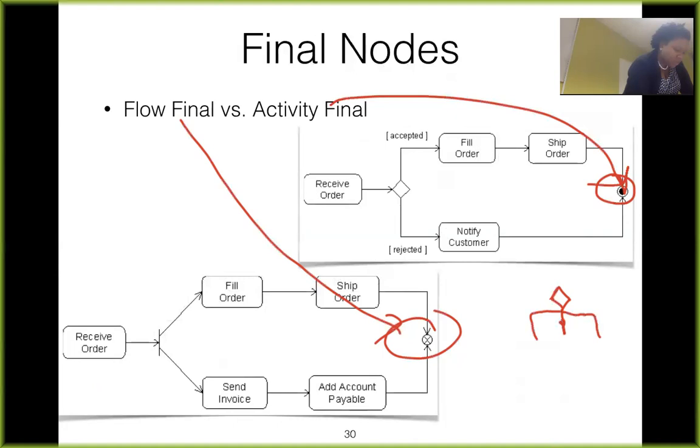This one goes to this action here. This one goes to this action. This one goes to this action. But this action can end there, whereas these continue with other actions, and then they merge together and go to the final. The idea there, this is a merge.